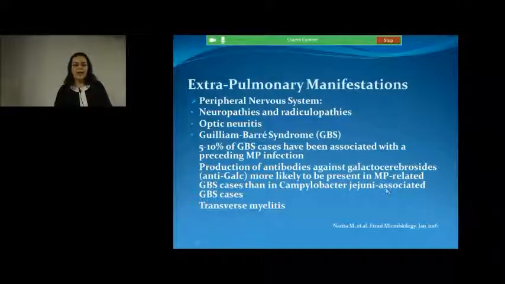And it results in the development of Guillain-Barré syndrome. Those antibodies are more likely to be found in the Guillain-Barré associated with Mycoplasma than in the cases that are associated with Campylobacter jejuni. Mycoplasma can also cause transverse myelitis.